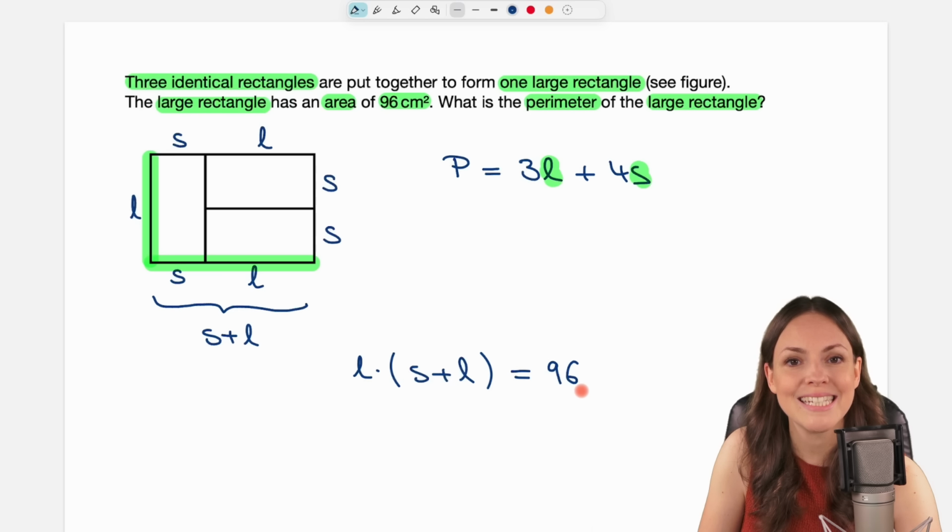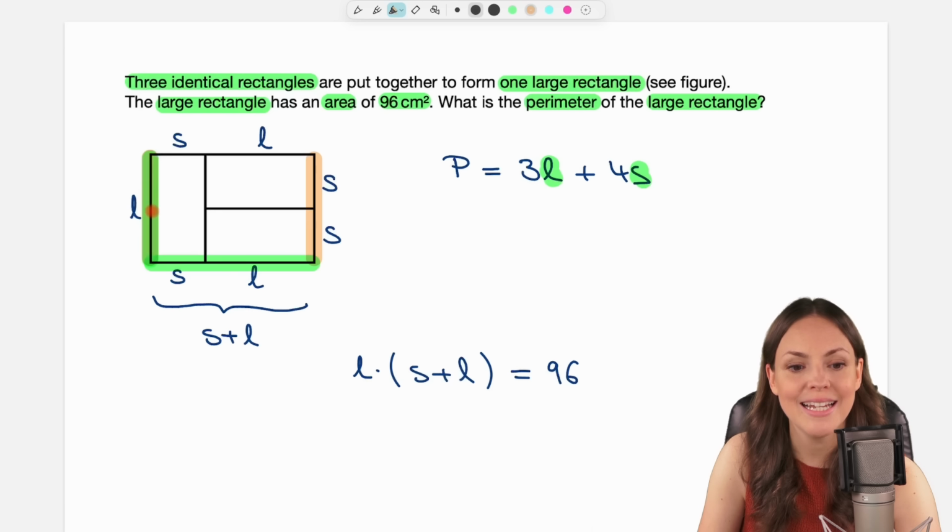The problem just is we have two variables in here. So we would need another equation, some connection between S and L. What do we know about L and S? Well, if we take a look at these sides here we have L, and here we have the same length, but this is 2S.